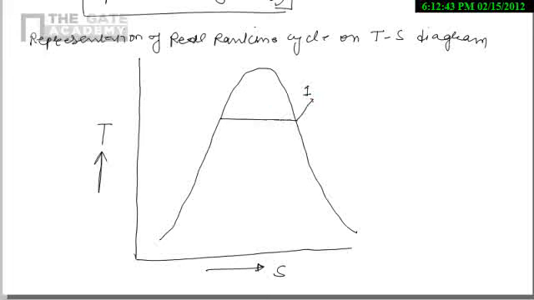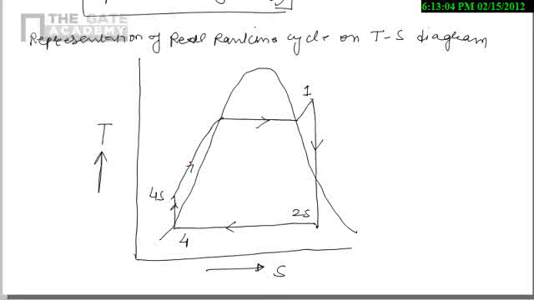This is 1. This is, suppose, 2s. This is here 4. Here it is 4s. This one is the real, actual cycle. So I will write here, ideal cycle.